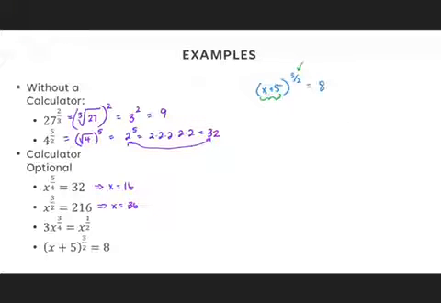Just like the last one, if I was doing order of operations, I would deal with the inside of the parentheses first, then with the power. But because I'm trying to solve, I want to deal with the power first. So I'm going to take both sides and raise them to the 2/3. Okay. And so on the left side, what that's going to leave me is x plus 5.